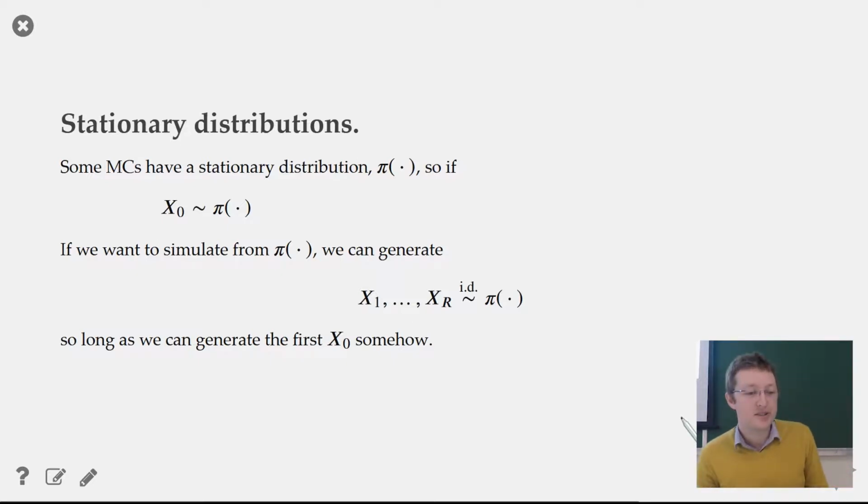Okay, so what is important for us is that a lot of Markov chains have this property that they have a stationary distribution. And so what does that mean?